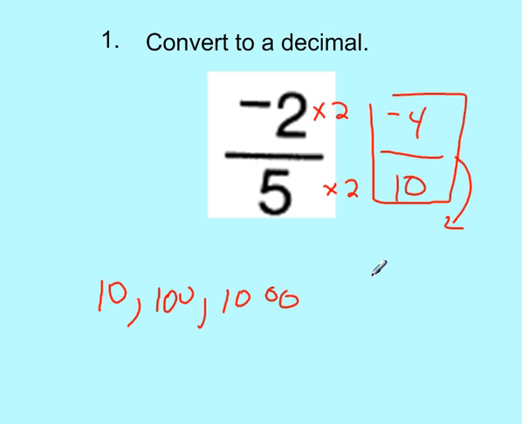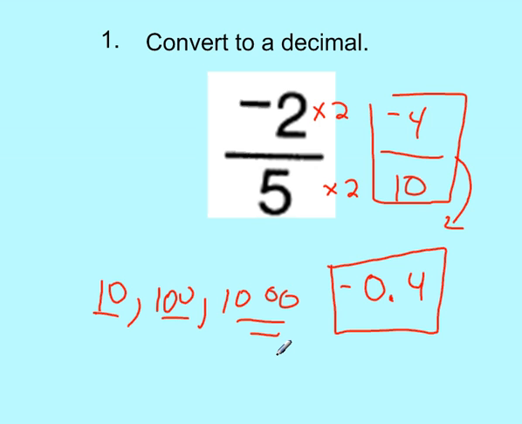It would be 0.4, and then put my sign on it, so negative 0.4. Okay. Now this only works if we can take our denominator, and it's a multiple of 10, 100, or even 1,000.